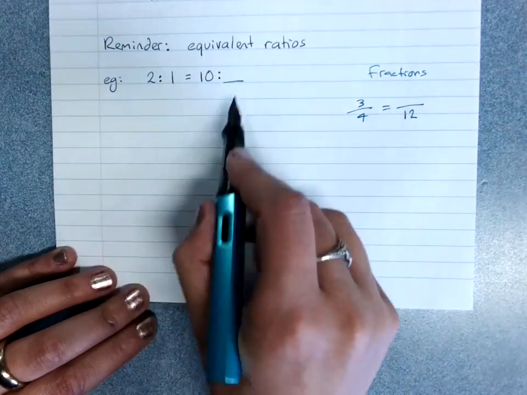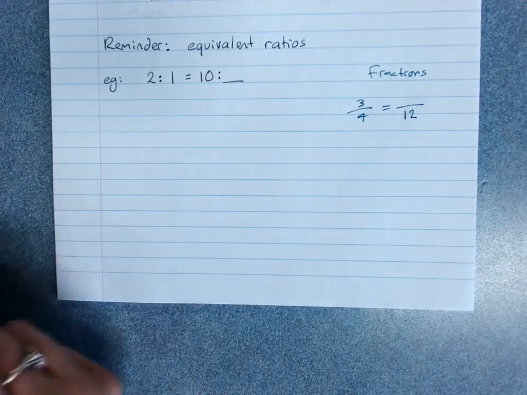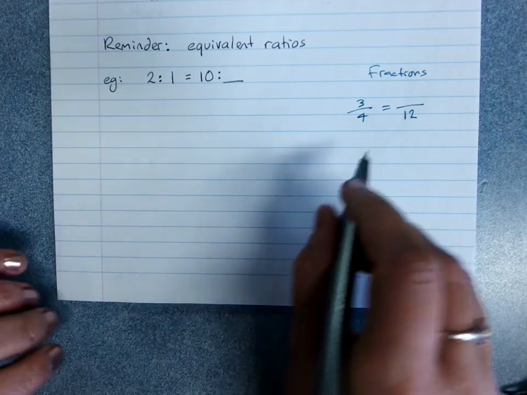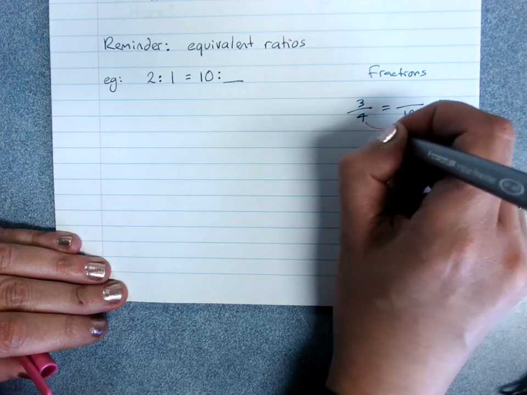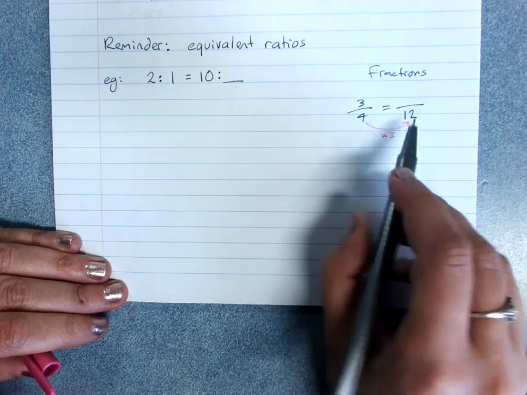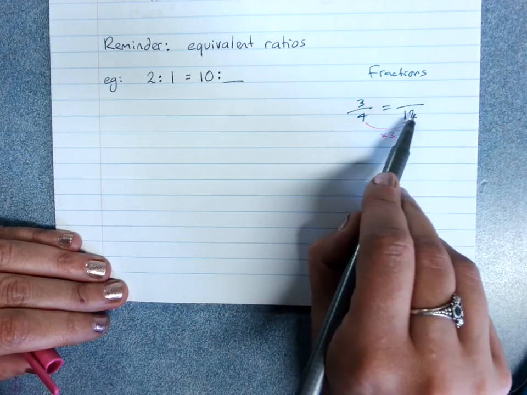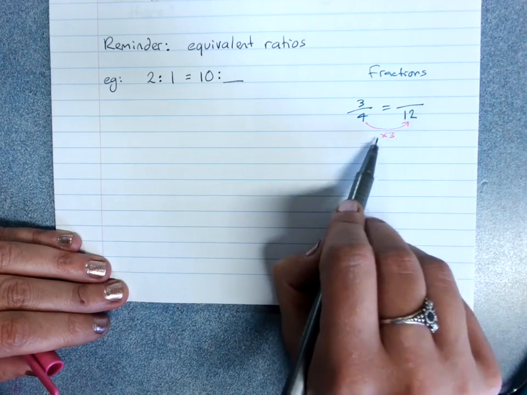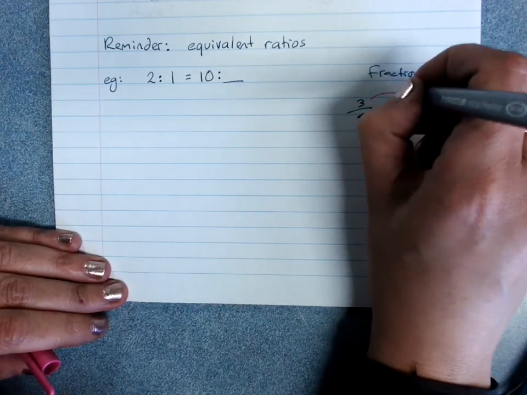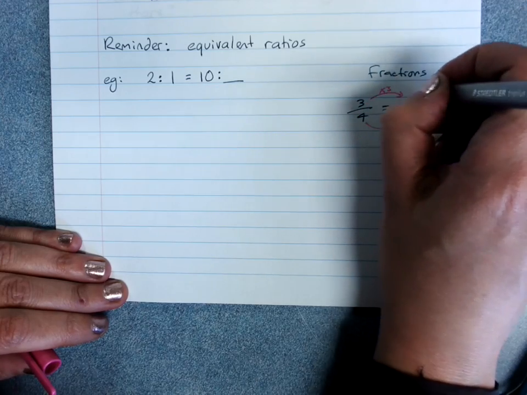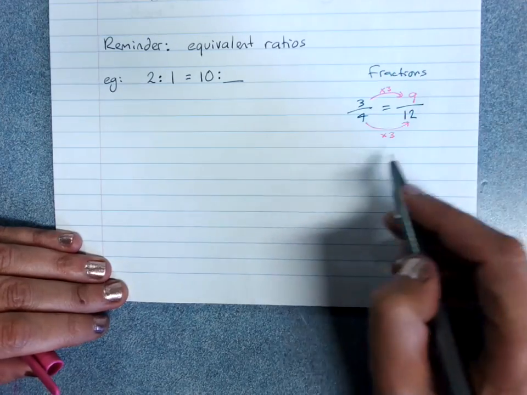It's exactly the same sort of questions, because ratios and fractions are really closely related. And we'd ask ourselves, what did I do to the 4 to get 12? That was times 3. Now if you can't tell, divide back. 12 divided by 4 gives me 3. That means 4 times 3 is 12. And I do the same thing to this. 3 times 3 is 9, and I've got equivalent fractions.